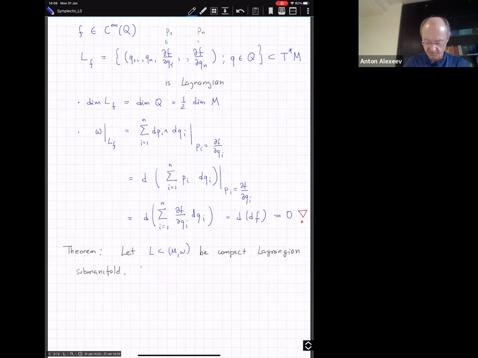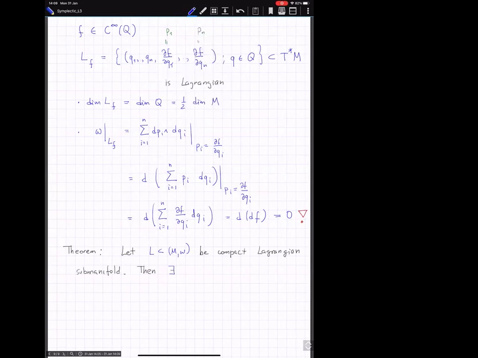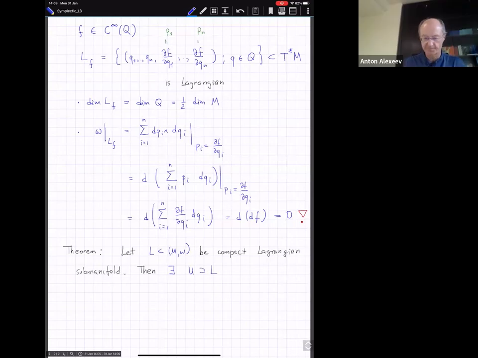Then there is a tubular neighborhood U of L, and another tubular neighborhood V of L viewed as a zero section in T*L.